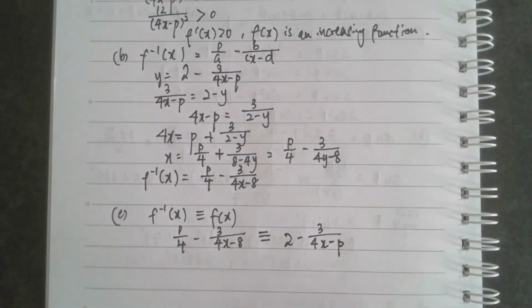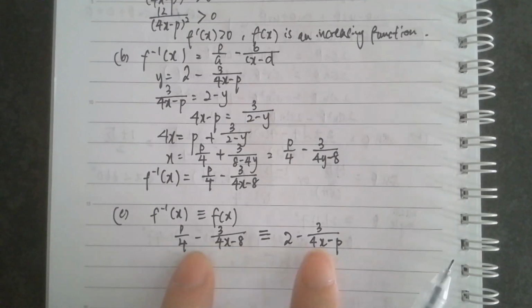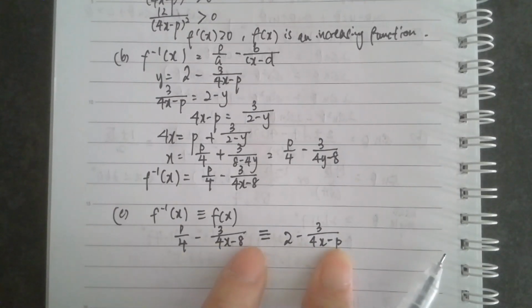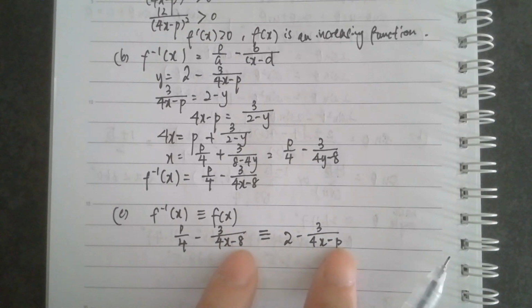So it's interesting to observe that these two fractions are pretty much similar. Alright, and here you're supposed to use your observational skills, right, to observe that p could be 8. Alright, p could be 8 because these two are equal. These two are exactly the same, such that this is 8 and there's p here.